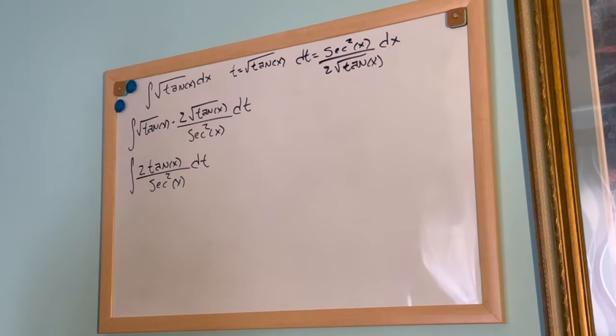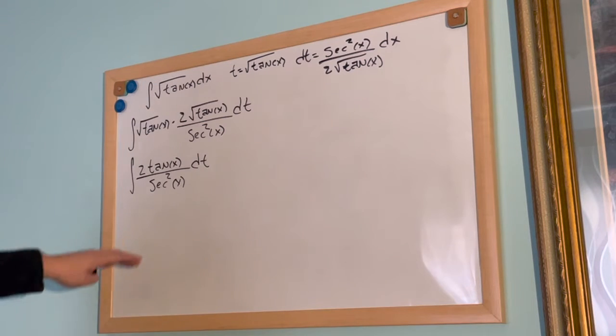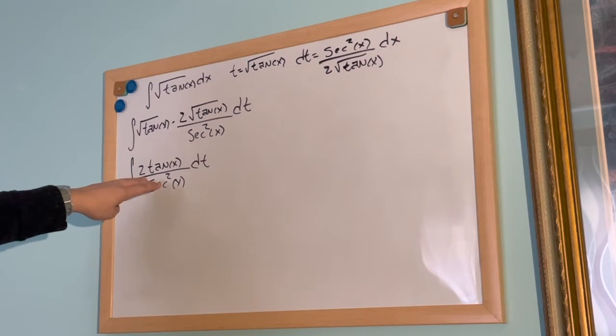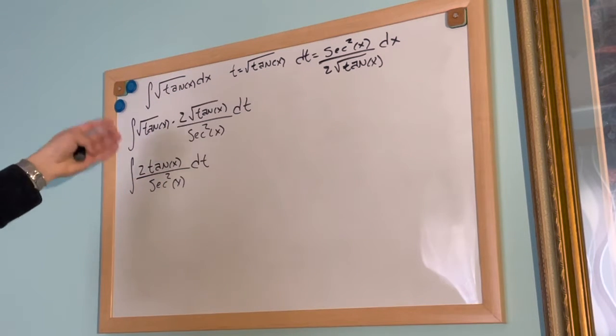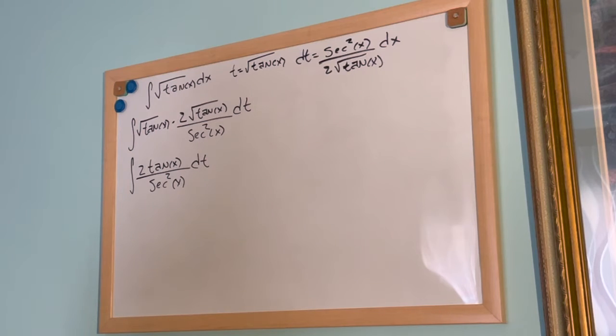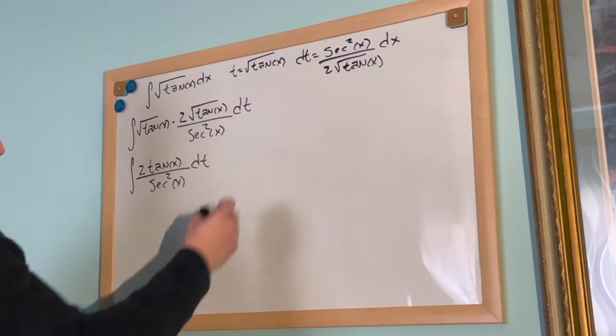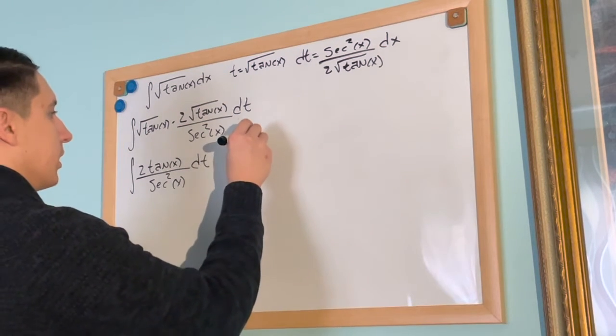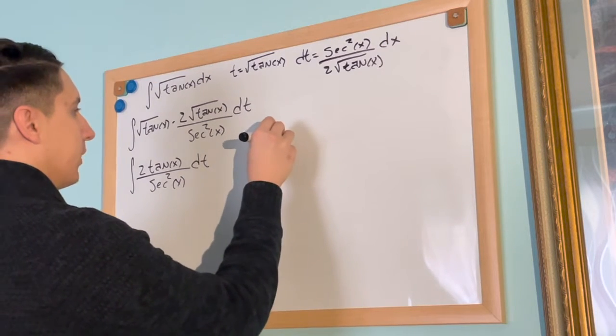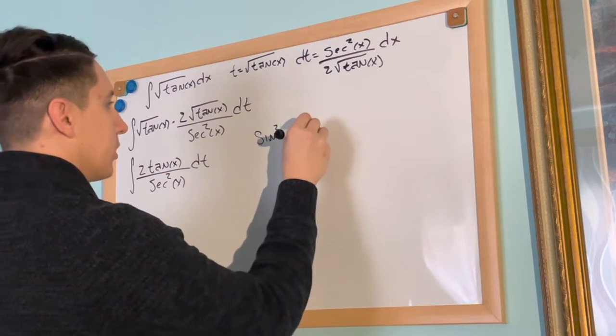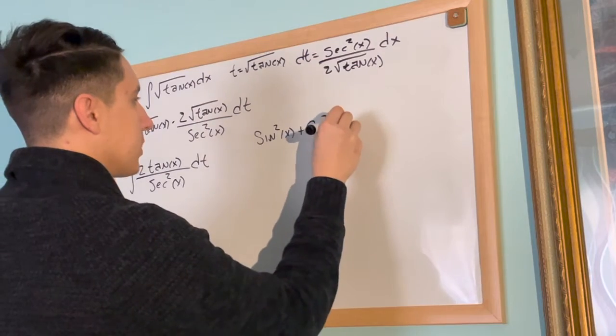All right, so what can we do next now? We can use our knowledge of trigonometry and different trigonometric laws and any kind of manipulations, right? For example, you have that one formula where sine squared of x plus cosine squared of x is equal to 1.